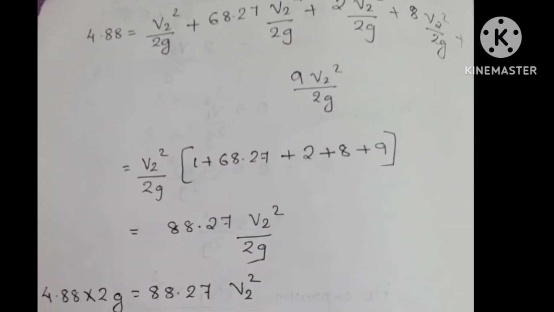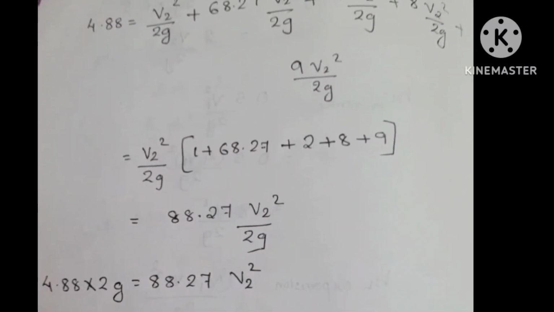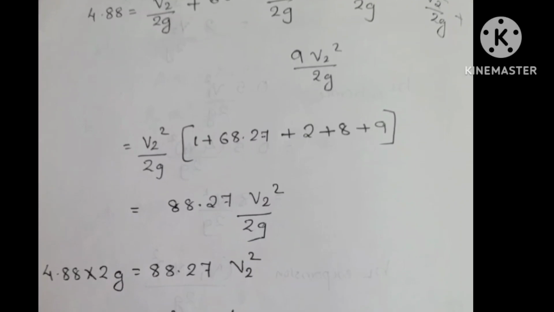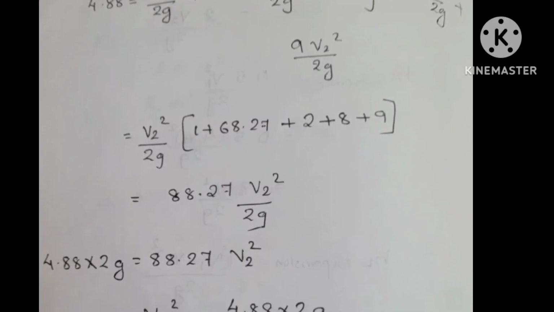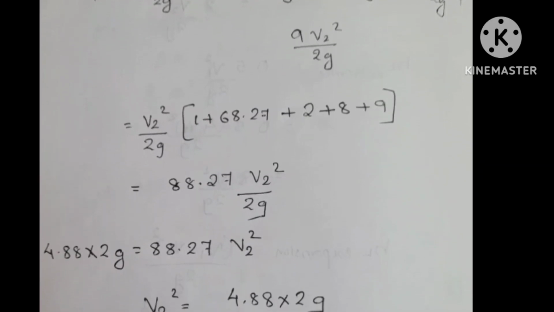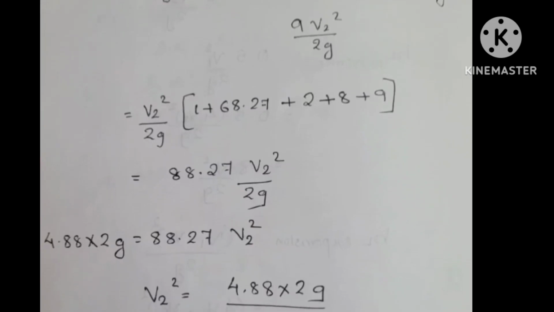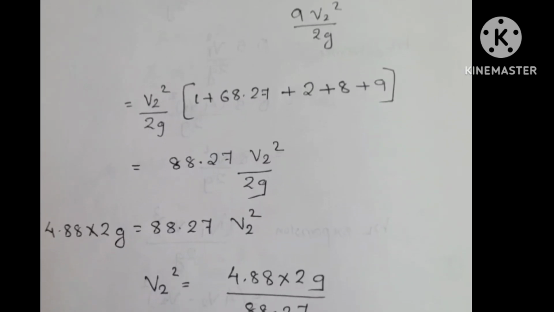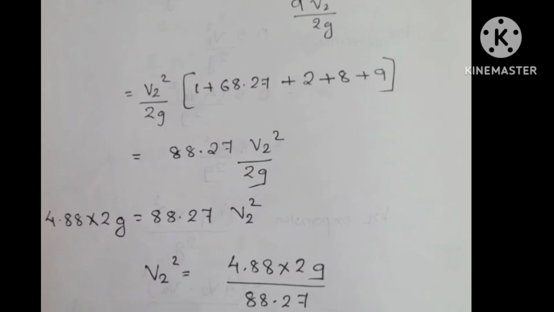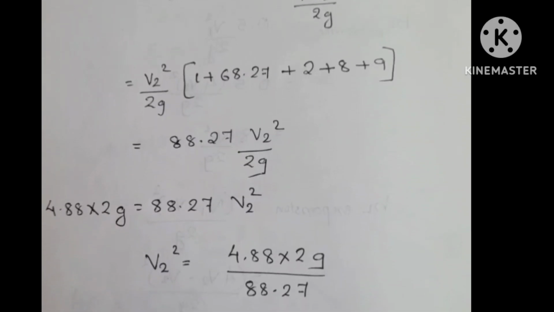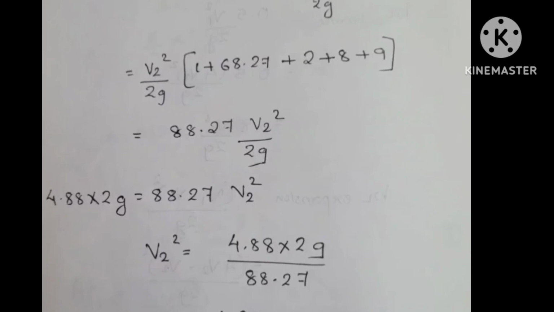Substituting all the values of losses in equation 2, we get 4.88 is equal to V2 square by 2G plus 68.27 V2 square by 2G plus 2 V2 square by 2G plus 8 V2 square by 2G plus 9 V2 square by 2G.